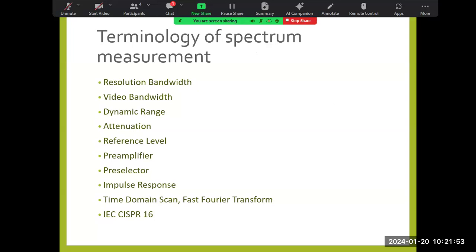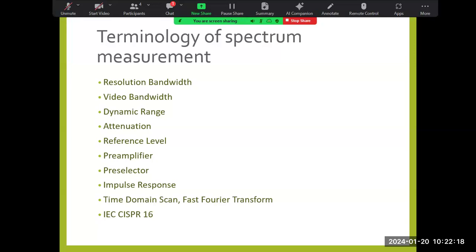So what kind of words do we use? You could say, what's your resolution bandwidth? What's your video bandwidth? Oh, what's the dynamic range of this? What kind of attenuation do we have? What's the reference level? Do we have a preamp in here? Ooh, and here's a Rohde & Schwarz word.